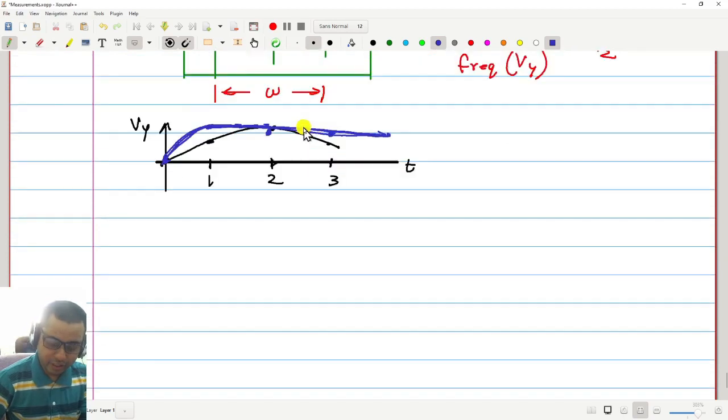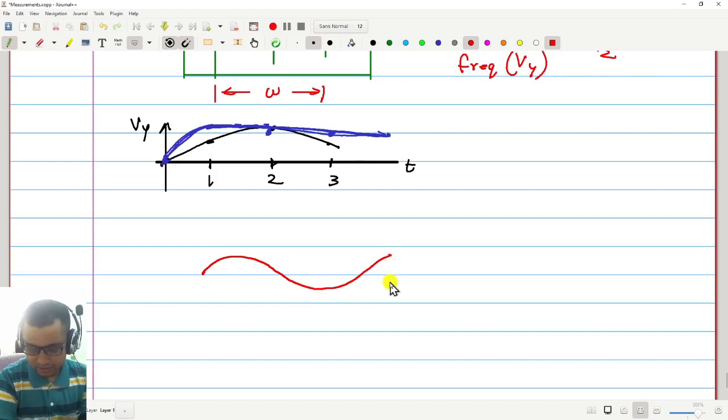For example, if one frequency is 3 times the other frequency, then we may get a pattern like this. So one is 3 times the other.